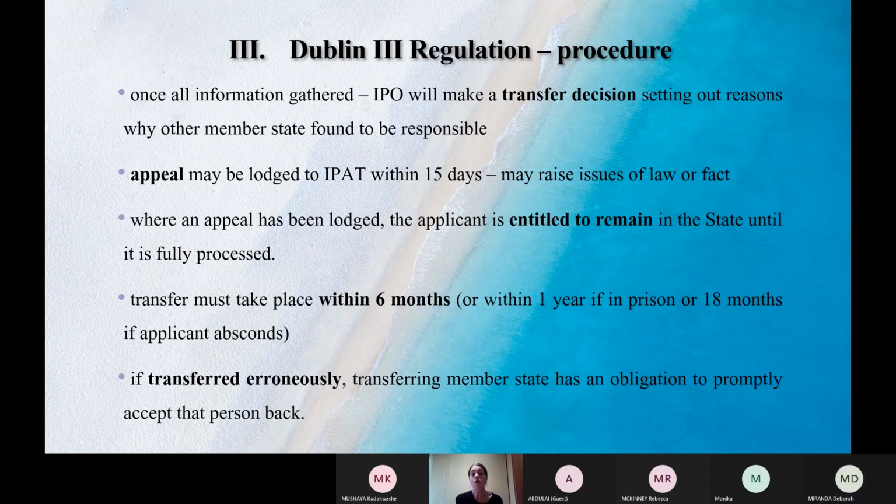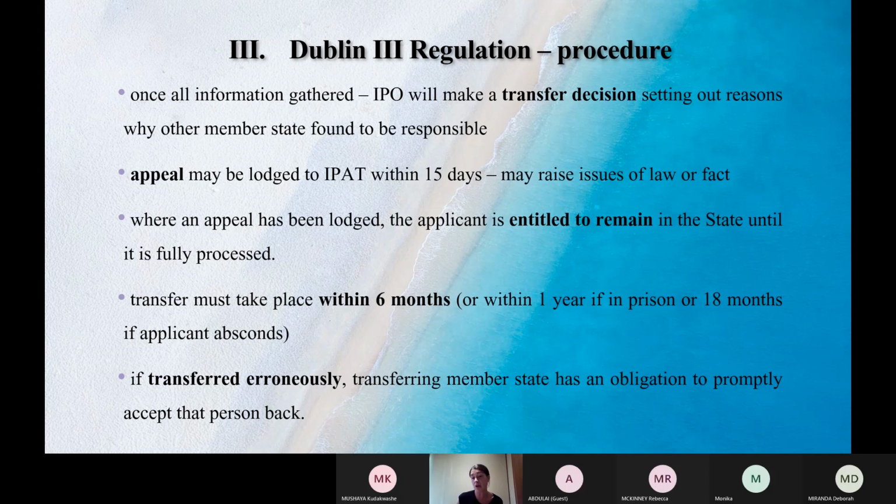After all of that, after a final decision either on appeal or after a judicial review, if that has taken place, if there's a legal difficulty, the transfer must take place within 6 months of either of those, or 1 year if the person is in prison, or 18 months if they have absconded.